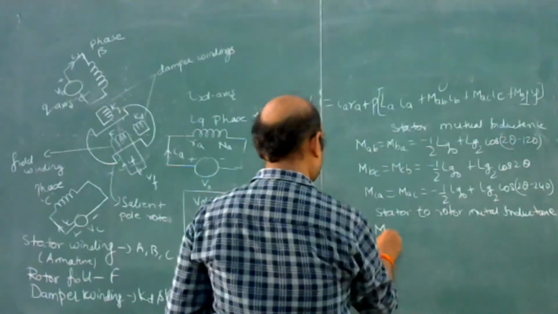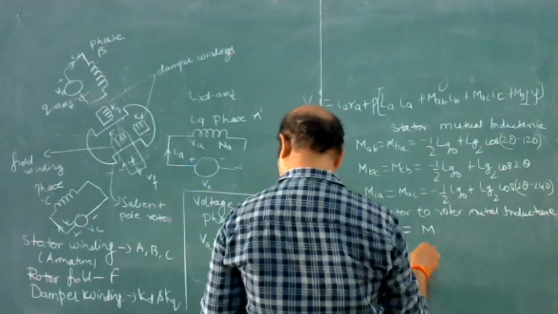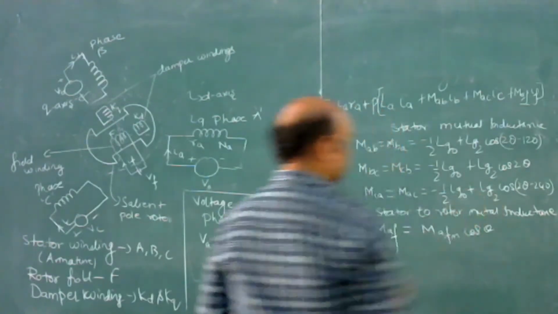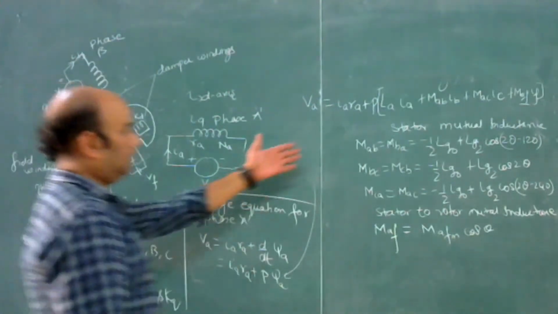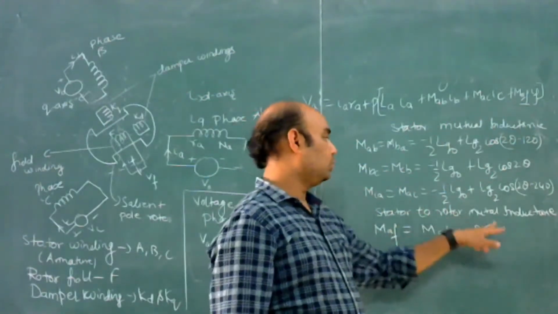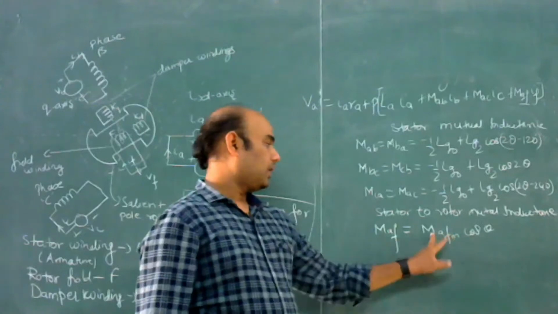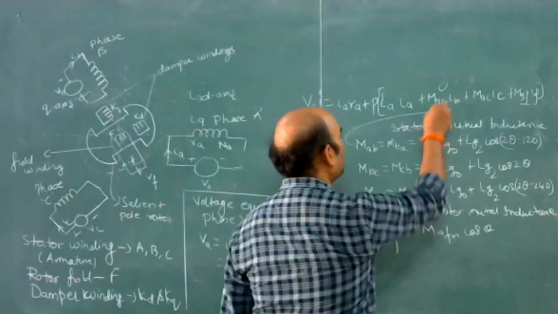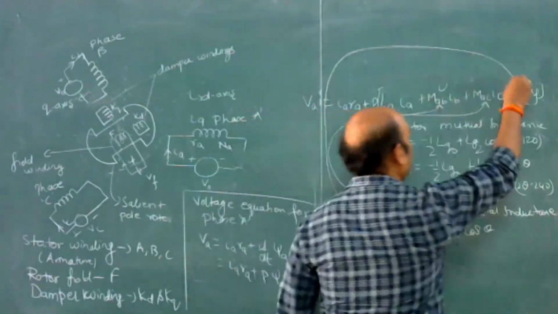So MAF is equal to MAFM cos theta. Okay, yesterday we had derived this stator mutual inductance or armature mutual inductance, and this is the stator to rotor mutual inductance. So MAF is equal to MAFM cos theta. So we will substitute the values. So this is MAB and this is MAC here, and MAF.